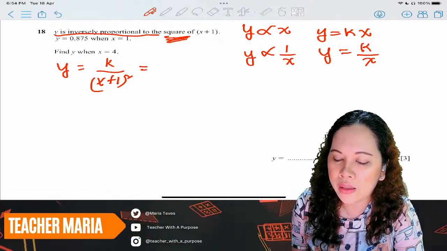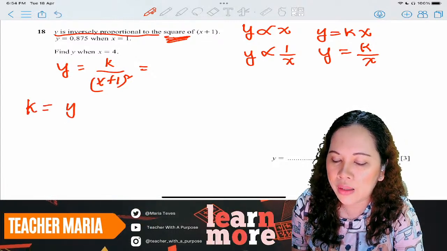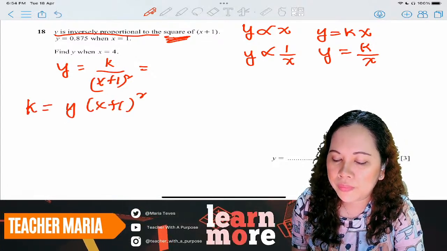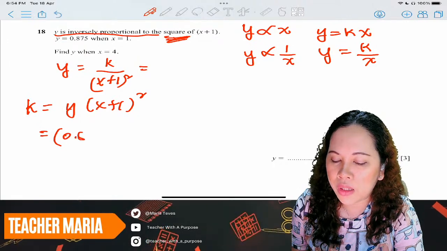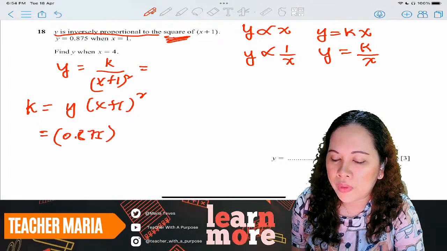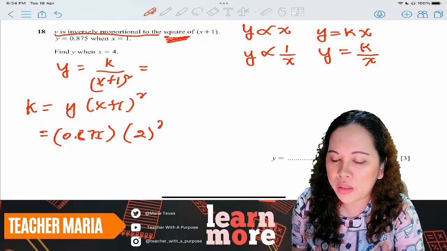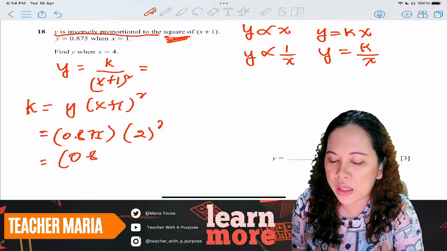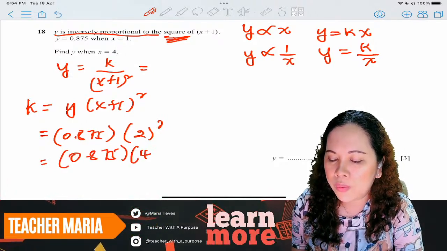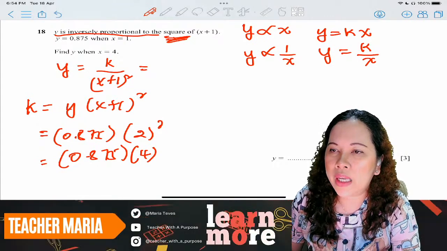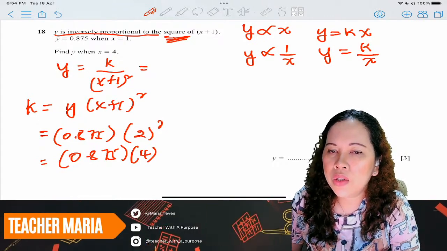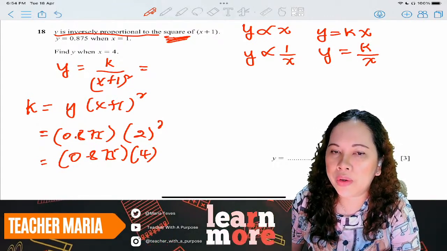So first look for k. y is 0.875, and then this will be 2 squared. So that's 0.875 times 4. You just need to solve that, and that will be your k.